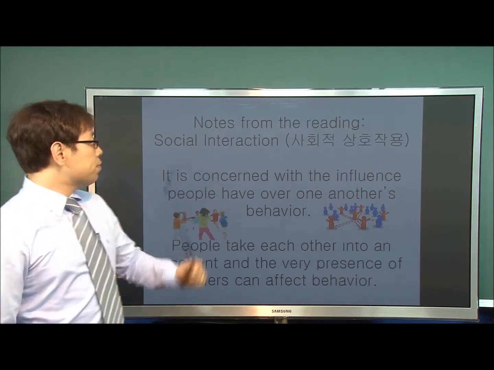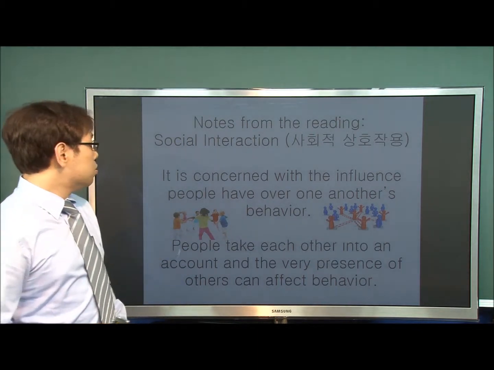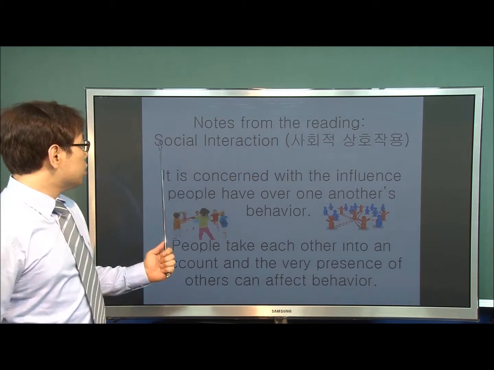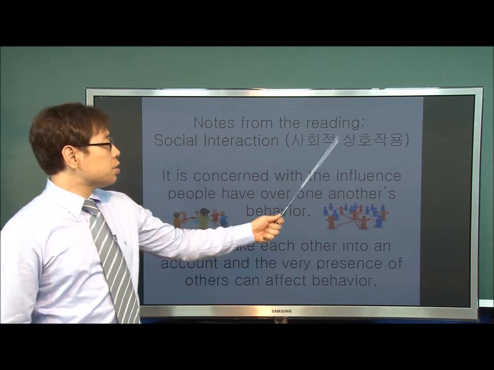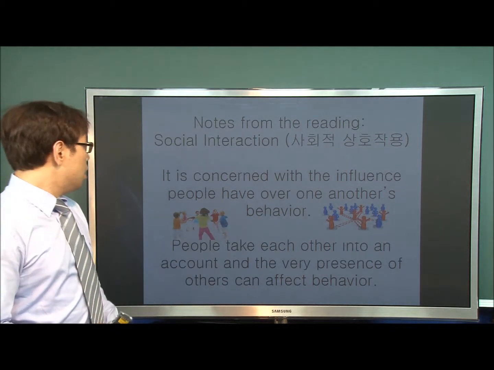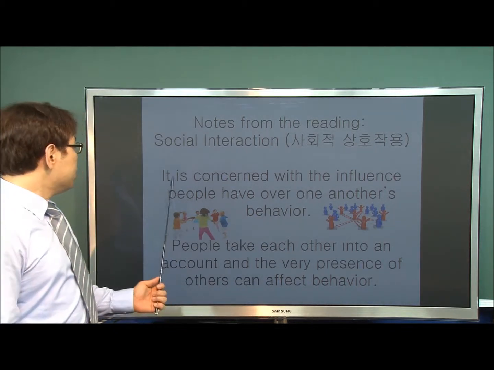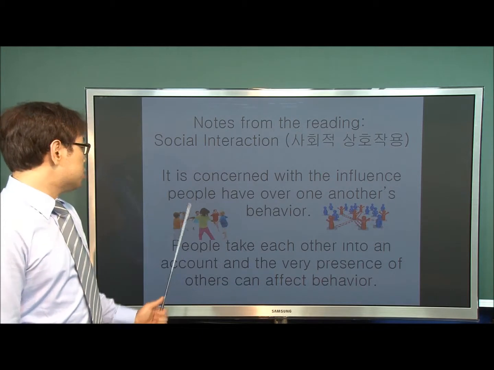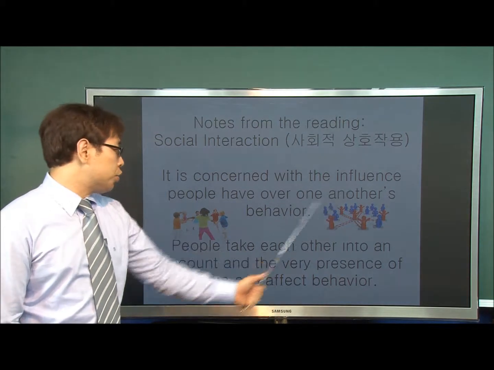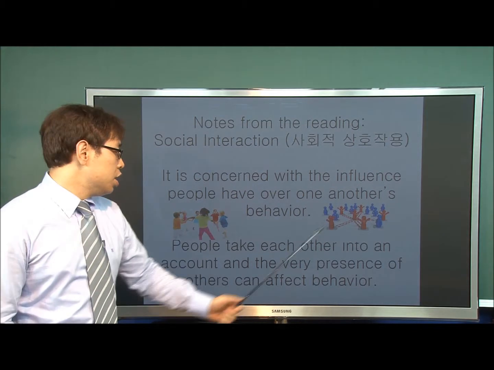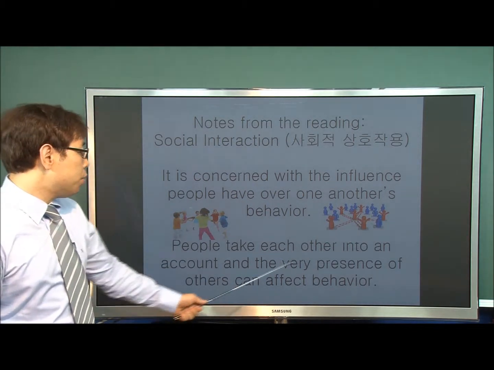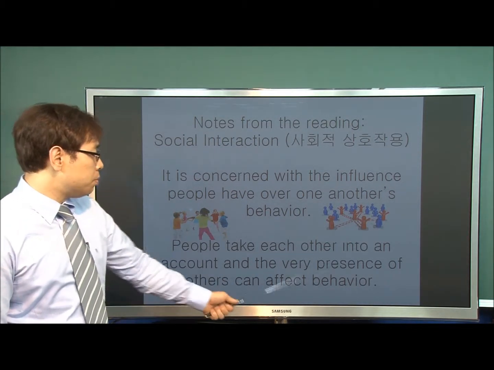So, notes from the reading first. It is basically talking about what social interaction is. In Korean, it's 사회적 상호작용. It is concerned with the influence people have over one another's behavior, and how people take each other into account, and the very presence of others can affect behavior.